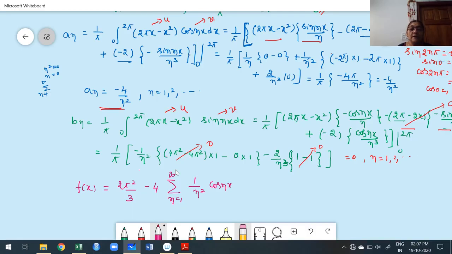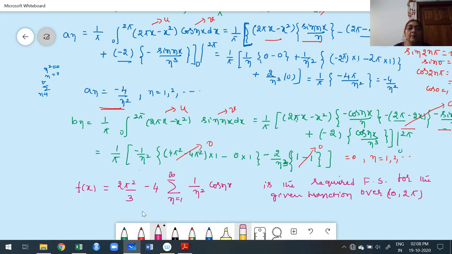This is the required Fourier series for the given function over the interval 0 to 2 pi.